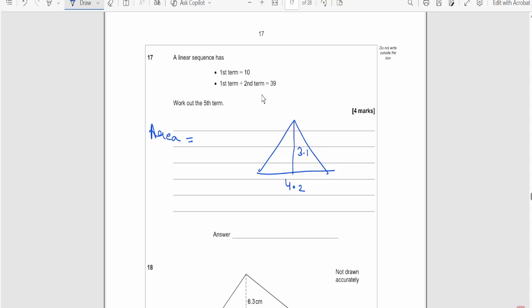What is the formula for area? Base times height divided by 2, right? Multiply them and divide by 2.